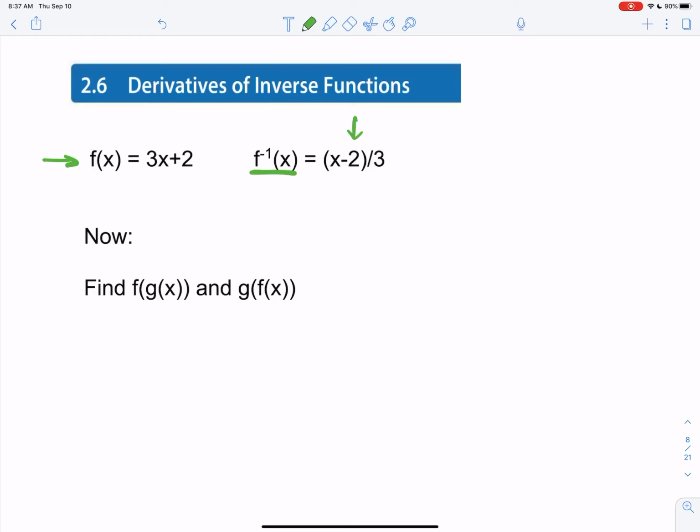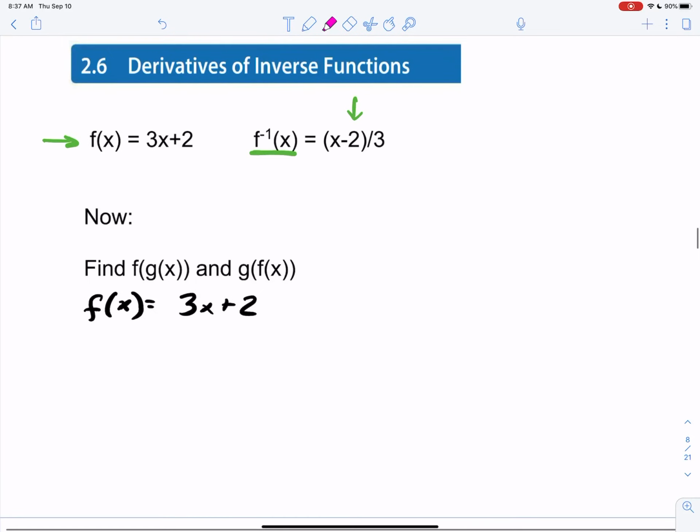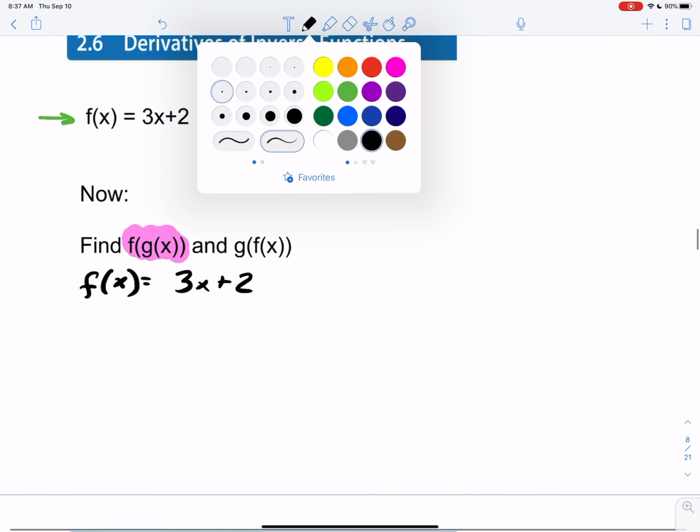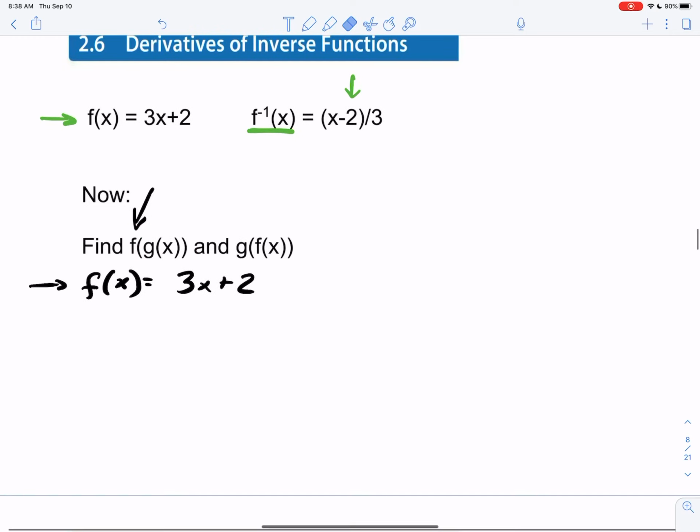So here's how I teach my students back in pre-cal. I'm only going to focus on this one. I noticed that the outside function is an f. So I wrote my f of x first. X, maybe I should highlight that.